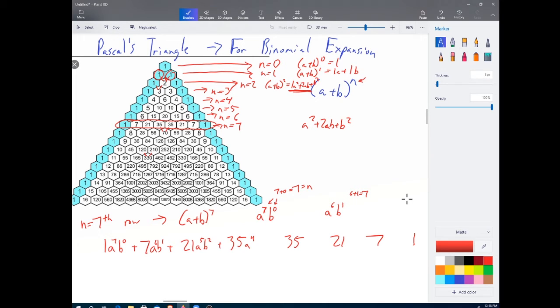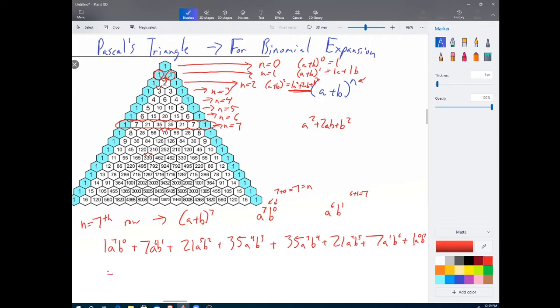A to the 4th, b cubed. A to the 3rd, b to the 4th. A squared, b to the 5th. A to the 1st, b to the 6th, and a to the 0th, b to the 7th.